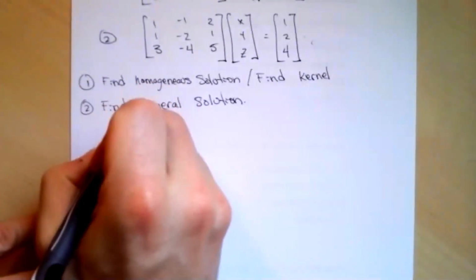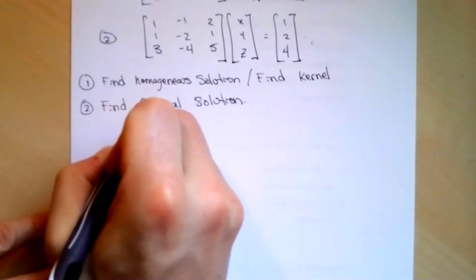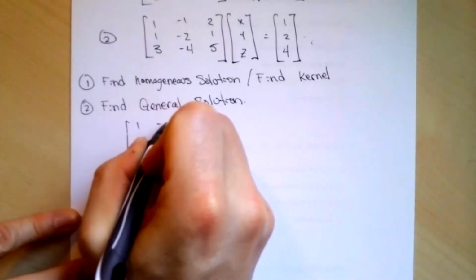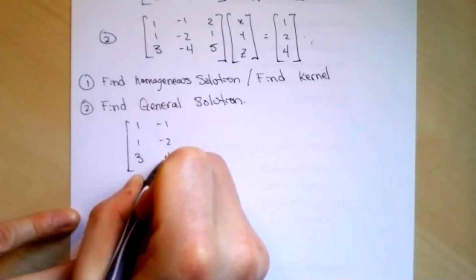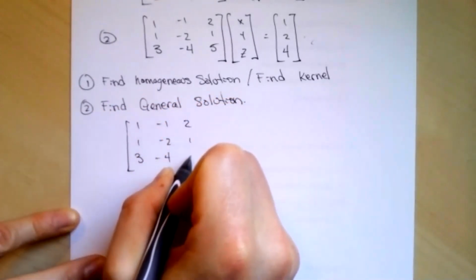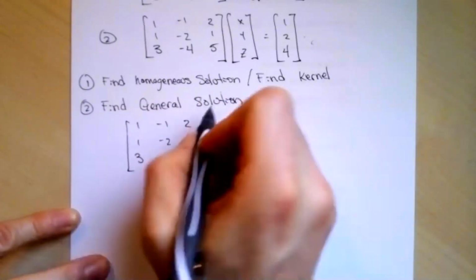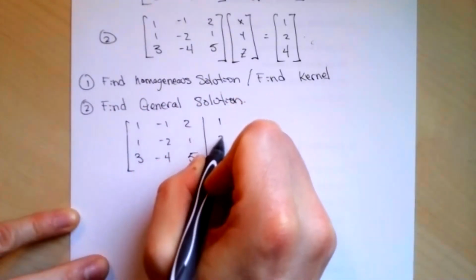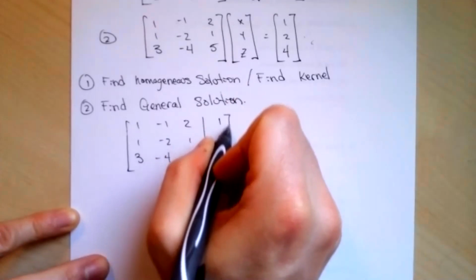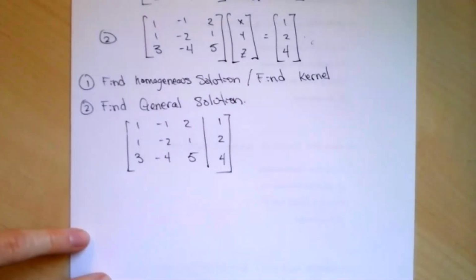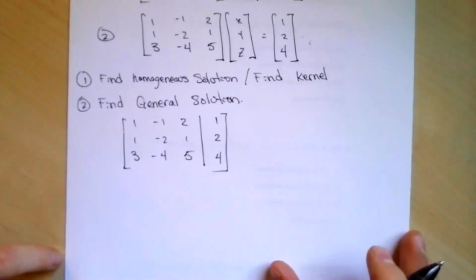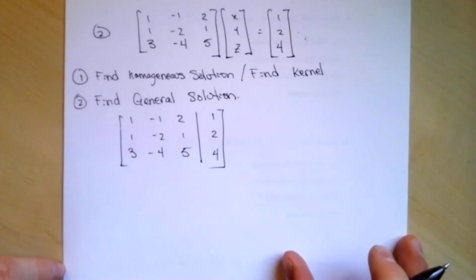Let's start off with finding the specific one. So we've got 1, 1, 3; minus 1, minus 2, minus 4; and 2, 1, 5. We are going to append our column of constants. And now we row reduce to try to find a specific solution.